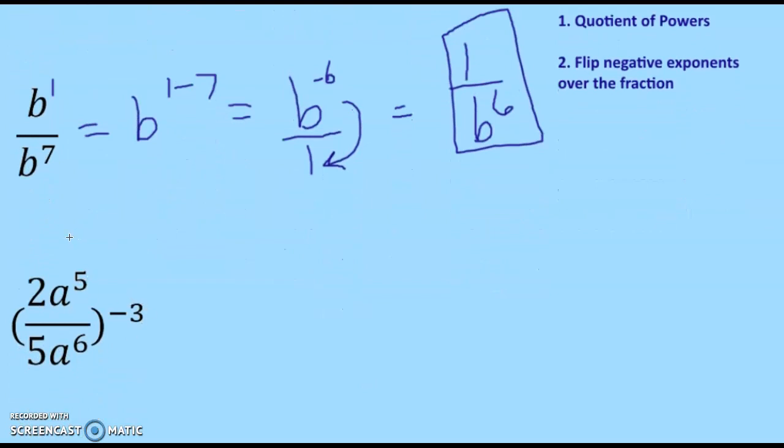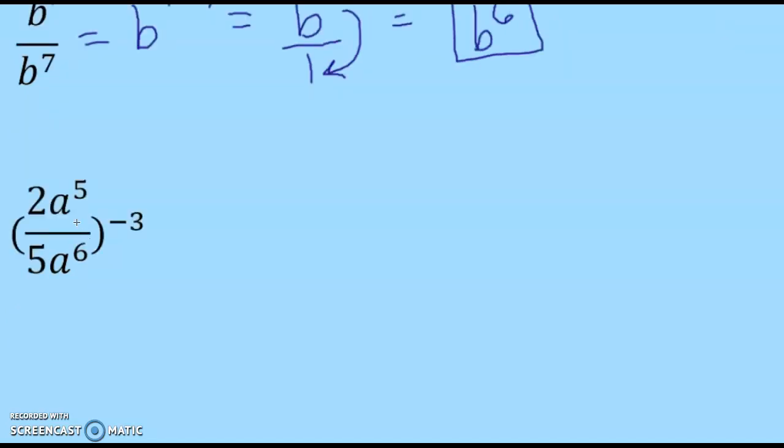Let's look at the next one. 2a to the 5th power over 5a to the 6th power, all to the negative 3rd power. Well, first, let's simplify what's on the inside first.